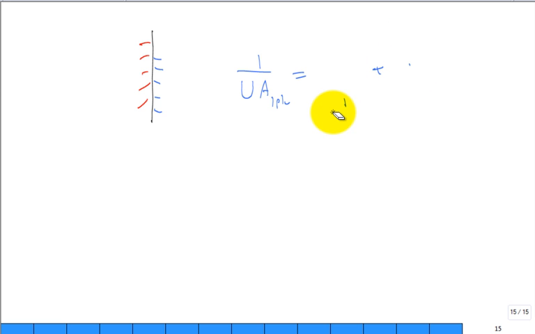This is R for 1/2 on side 1. And then we have resistance of 1 full plate, and then resistance of 1/2 of side 2. It's kind of getting out of the fluid and into the finned side 2. All right.